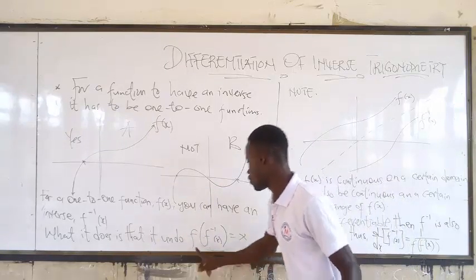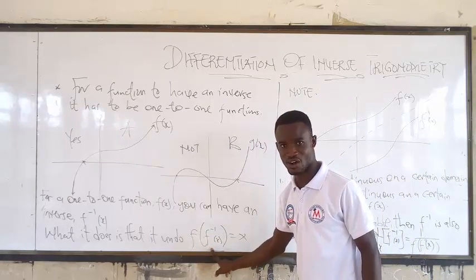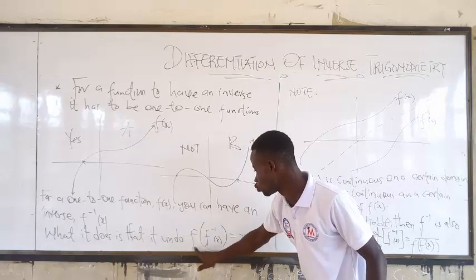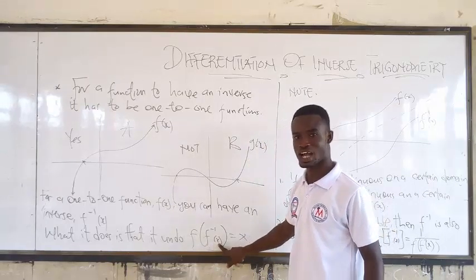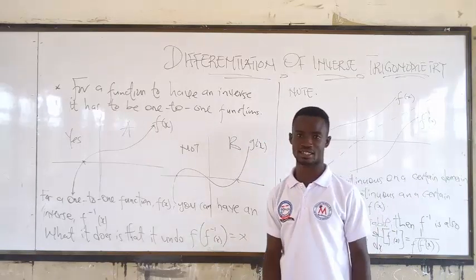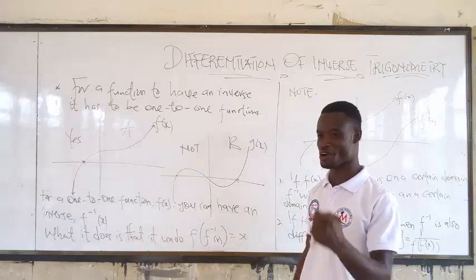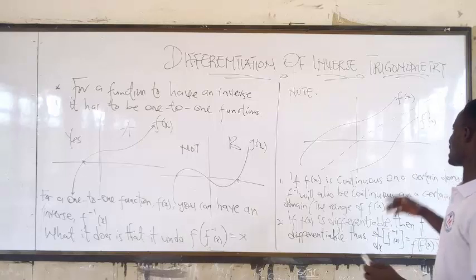For instance, we have a function here and we have the inverse here. So you can see that this and this will undo this, so it will be left with only the argument inside, that is x. So the inverse undoes a function.